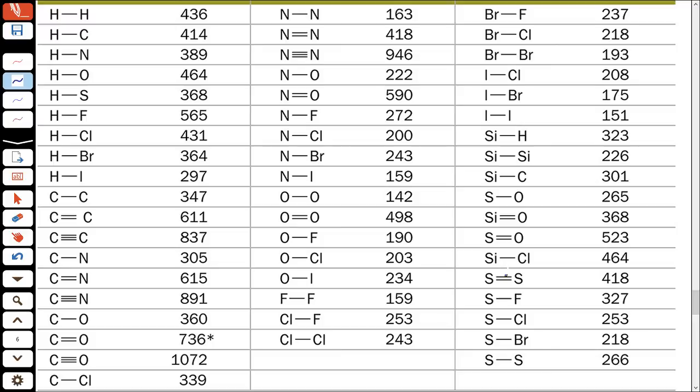So then I would look up each of these bond energies in the table. These are 414, 347, 360. What is that one? 464. So this one has to be multiplied by 5. And then added to all the other ones, and that should be the total energy.